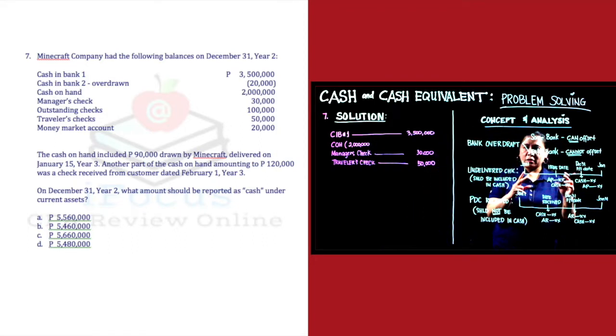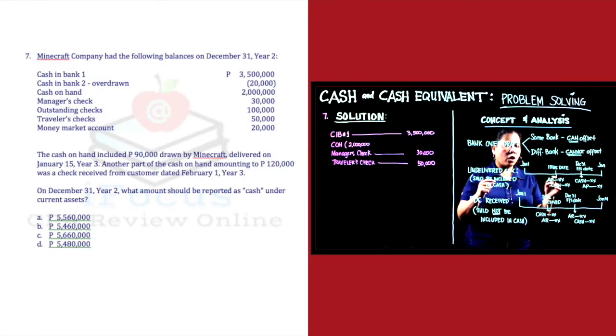Nung issue date, the company record a debit to accounts payable and credit to cash. So as of December 31st, on your financial statement date, okay, this check, nasa kanya pa rin yun. So may control pa rin siya sa check na yan. Alright, sa amount na yan. This undelivered check should be included in our cash.